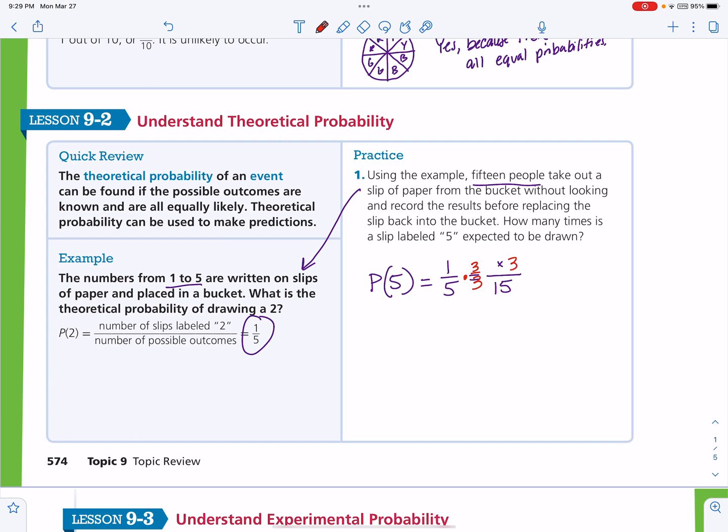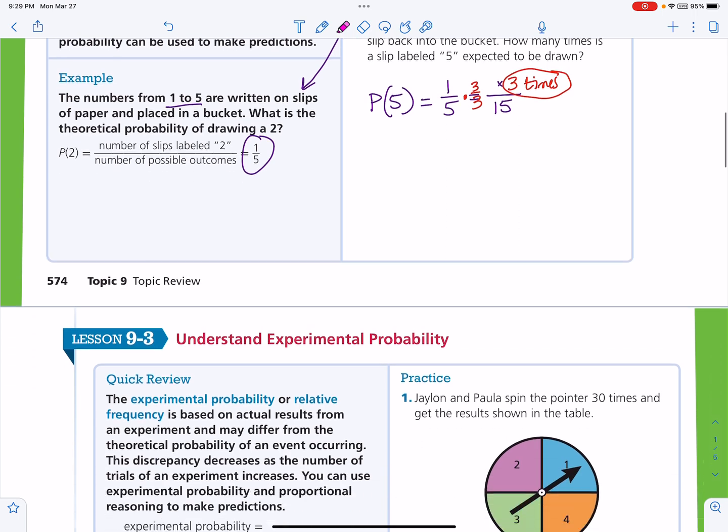And so my prediction of how many times a slip labeled 5 would be expected to be drawn would be 3 times. Okay, so you will have to do a problem like this on your test. So make sure you understand that process and what that needs to look like.